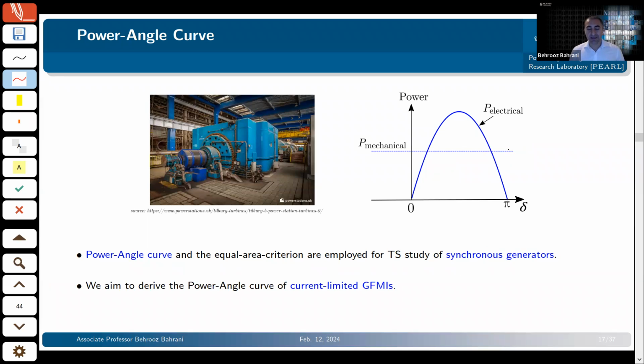A similar thing can be applied to grid forming inverters. Having said that, obviously we know there is a current limit which makes things different, so we need to take that into account. But essentially, a similar concept of a power angle curve can be developed for grid forming inverters in order to look into their stability.